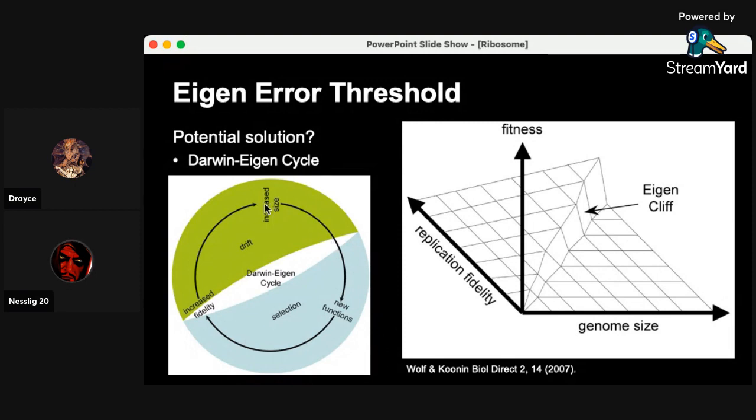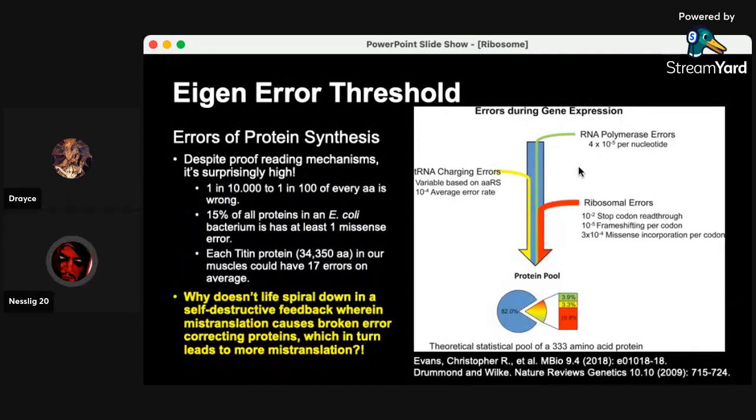So you're allowed to increase in size through drift, which allows you to acquire a new function, increasing fidelity, and the cycle continues on. Basically, life can increase genome size and replication fidelity by climbing along what Koonin calls the Eigen cliff, without falling off it. If you fall off the Eigen cliff, then your genome size is too large for your replication fidelity. But as long as you stay above this line, then it's all fine, is basically what he's saying.